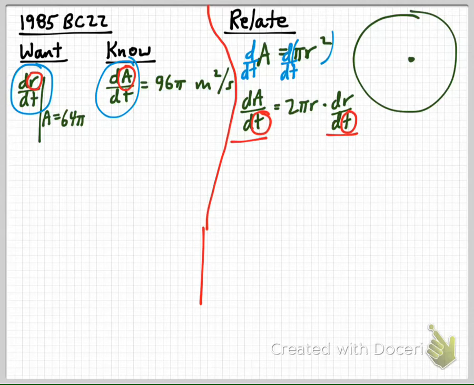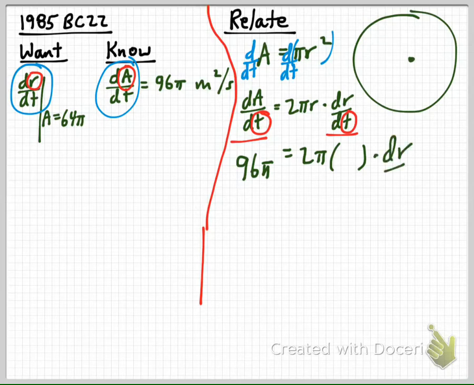Well, this looks pretty straightforward here because we need to solve for dR/dt, and we know the dA/dt. So I'm going to go ahead and substitute in my dA/dt of 96 pi square meters per second, and then we've got something here that we don't really know, and we do also want our dR/dt.